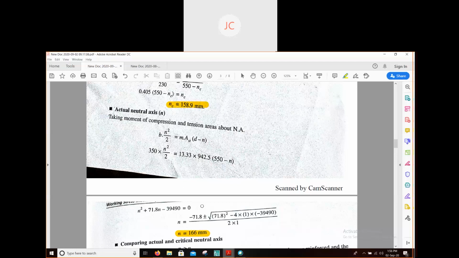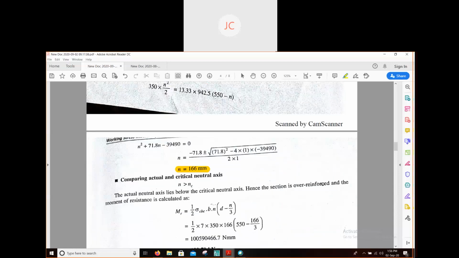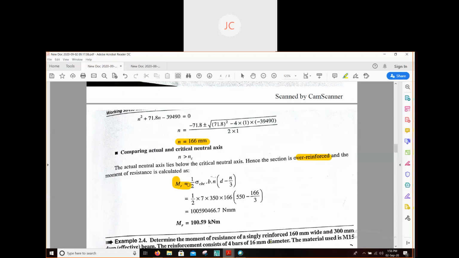This is the condition of an over-reinforced section. So for an over-reinforced beam, this is the formula to find out the moment of resistance. If you put all the values, you will get the moment of resistance. It is exactly the same as the previous one, but in the previous one you got an under reinforced section, and in this case you have got an over reinforced one.